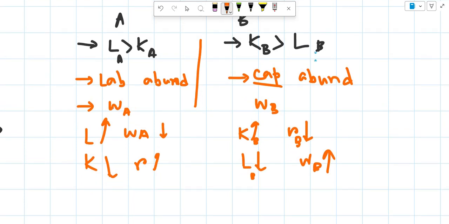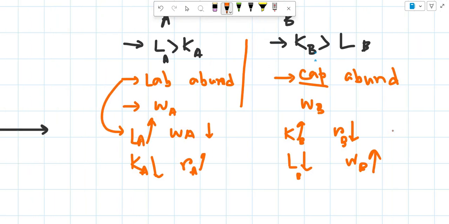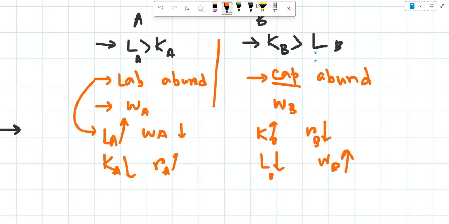Okay. So we realize that because country A is labor abundant, LA is high. This means WA is low, KA is low because LA is high, and RA is high. This is the basic way the two economies work.